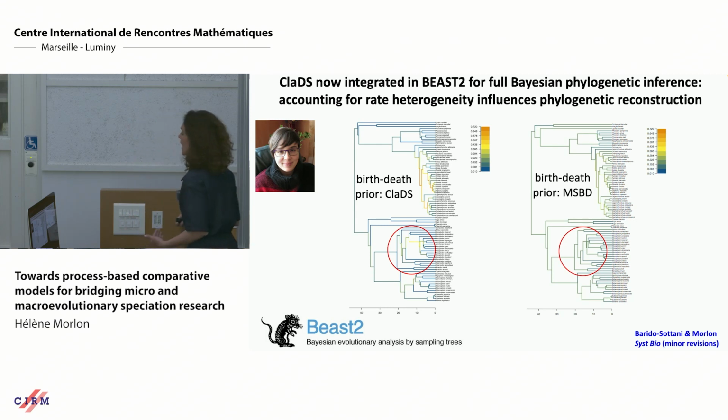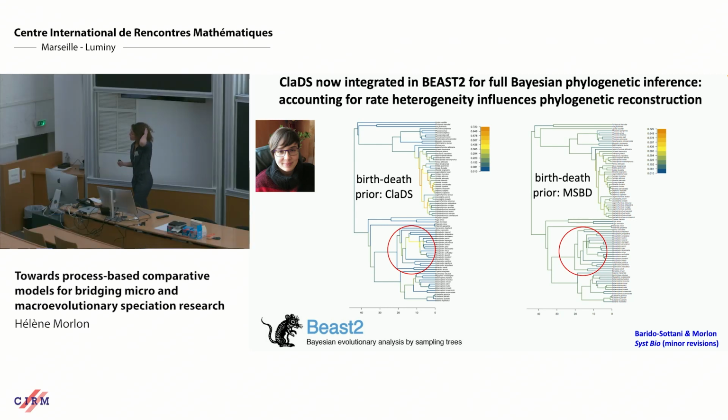So even though most phylogenetic trees at the moment are reconstructed with homogeneous rate models, it can make a big difference on the reconstruction of the trees themselves and also on the inference of speciation and extinction rates.